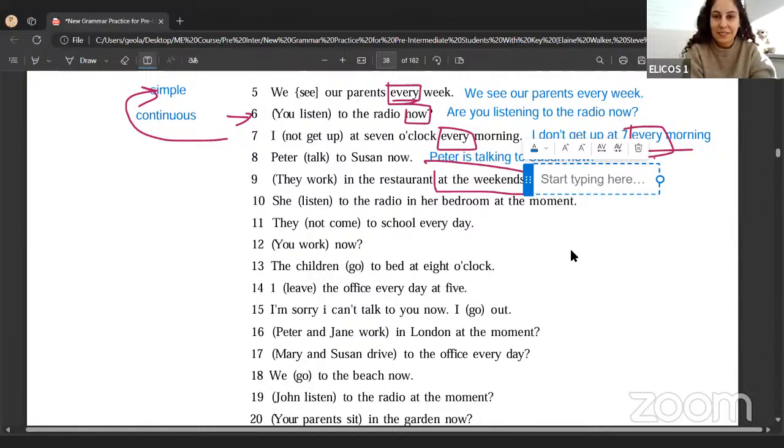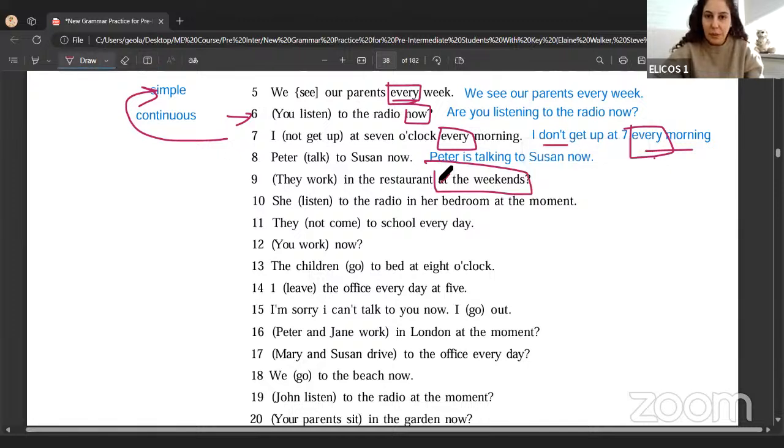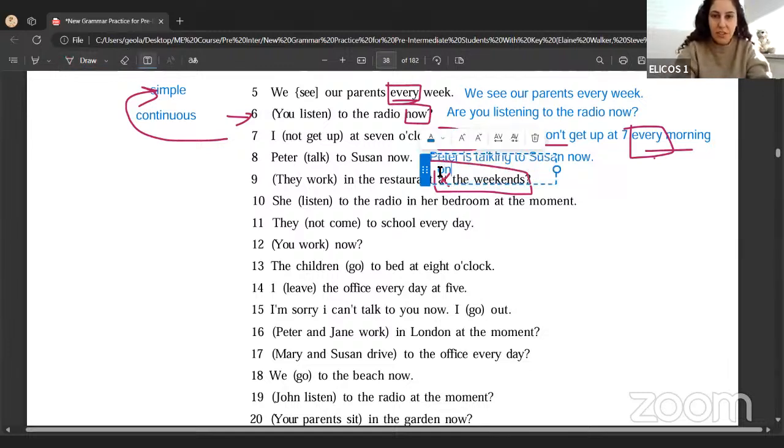Are there work in the restaurant at the weekend? Sorry, yes, it is a simple because it's just remember that in England they say at the weekend, we say on the weekend. So I'll just fix that one first. And it should be they work. Are they working in the restaurant on the weekends?